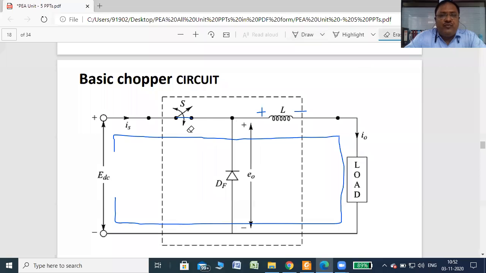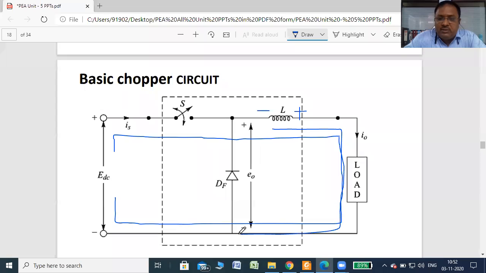Whenever the switch is off, what happens? Immediately the polarity across the inductor's stored charge gets reversed, as shown in the figure. So this side is positive with respect to this side. The inductor starts to release energy through the load.